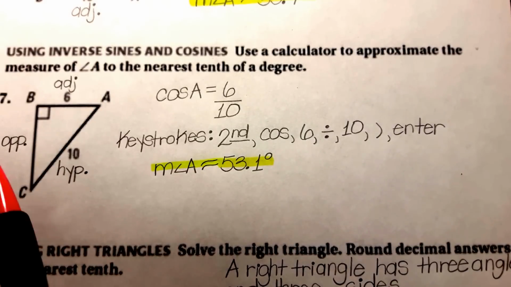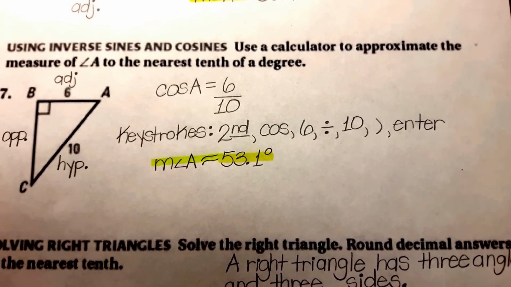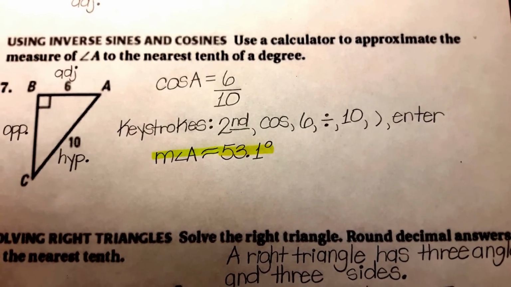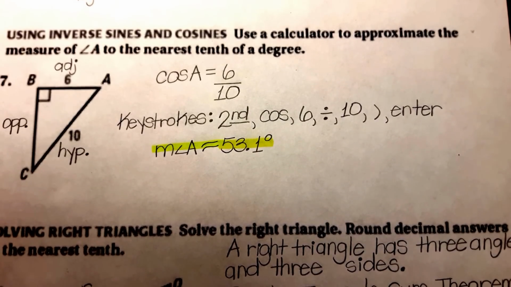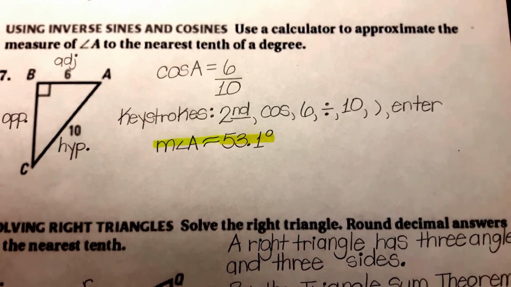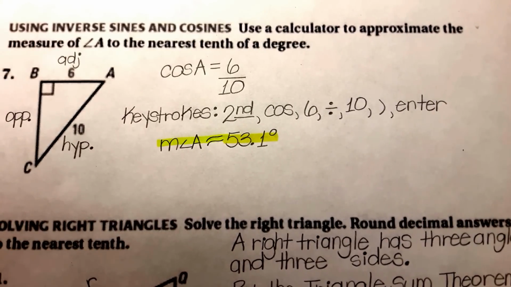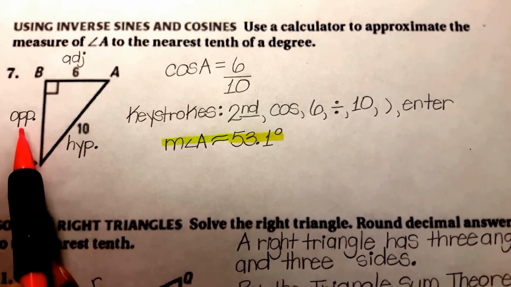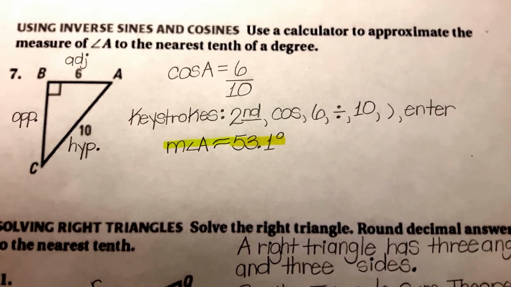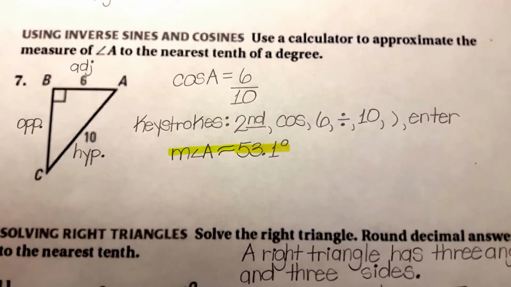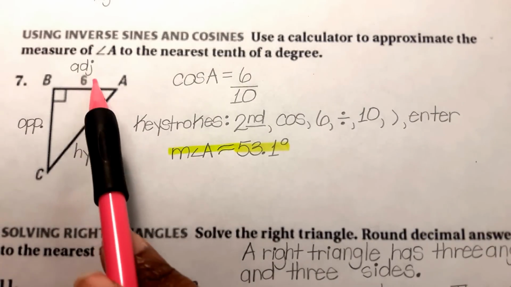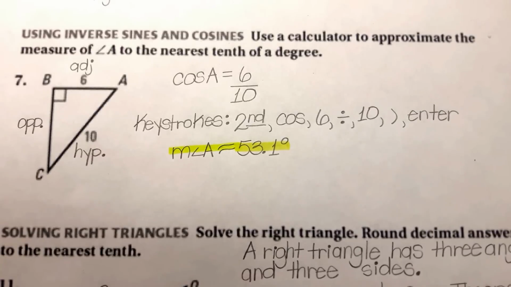Can I find my opposite side if I needed to? Yes, I can. I can use the Pythagorean theorem, which we know is a squared plus b squared equals c squared. But I don't need all the information. Since I have 2 side measures, I can easily find angle A.